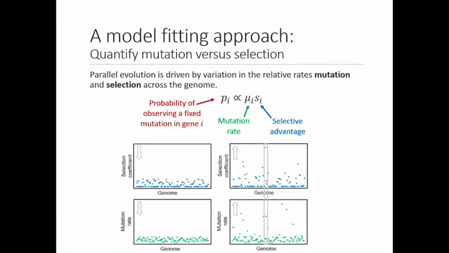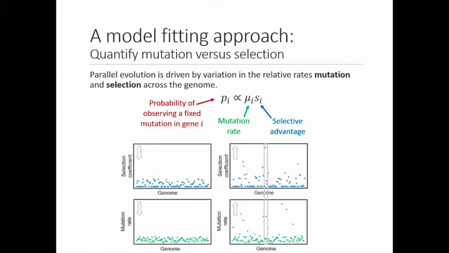But of course, it is the combination of both the selection heterogeneity across the genome as well as this mutation rate heterogeneity that is going to give us the outcome that we see in the end. And so we're trying to understand the outcome, the probability of observing some mutation at a particular location, as being proportional to the product of the mutation rate and some selective advantage.